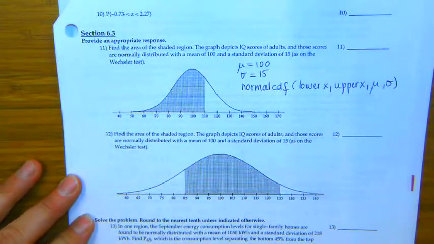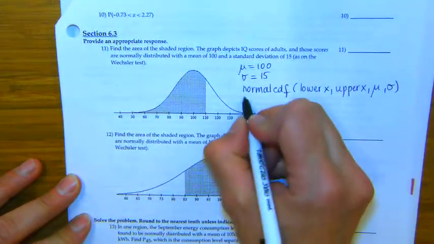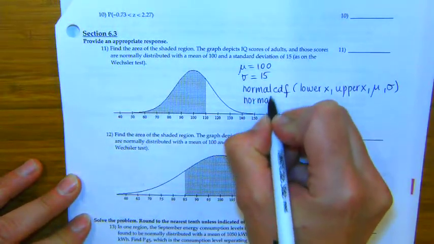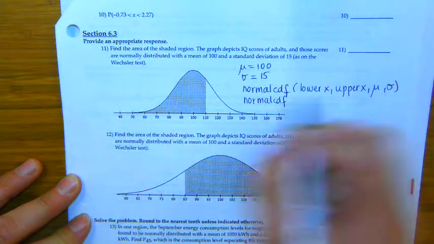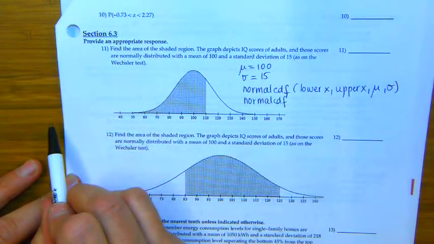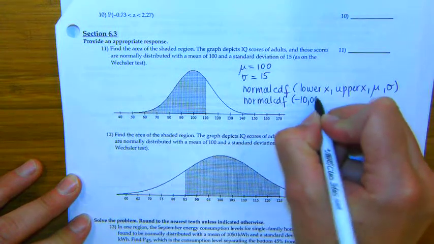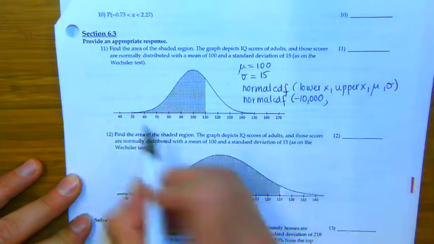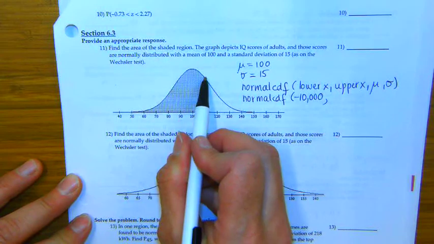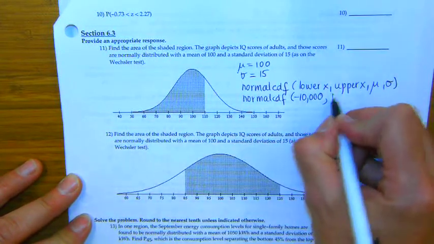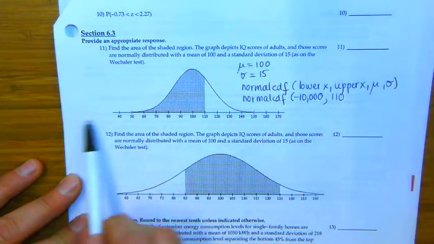So just to make our life a little easier. So what is the lower x? Well, the lower x value is a very small number. Okay, so let's put in negative 10,000. Our upper x value, this is where our area ends, is 110. So you always go from the left to the right.